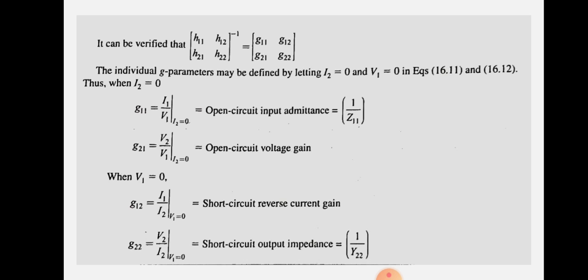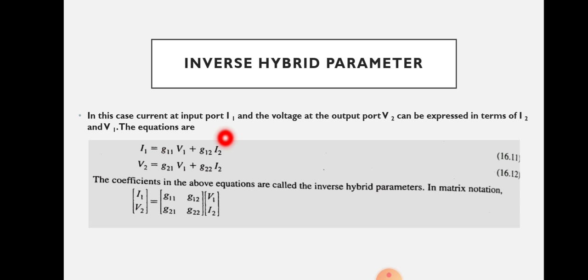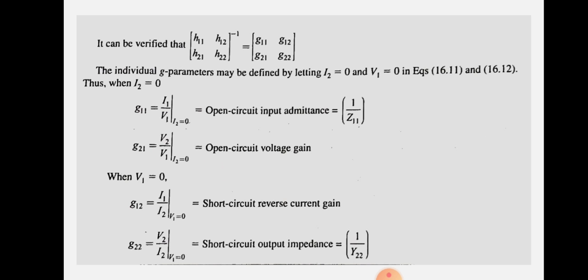So whenever we let I2 equal to 0, we get a different relation. When I2 equals 0, this term becomes 0 and this also 0. So from the first equation, G11 equals I1 by V1 and G21 equals V2 by V1. Here G11 is the ratio of current to voltage, so that is the admittance for the first port.